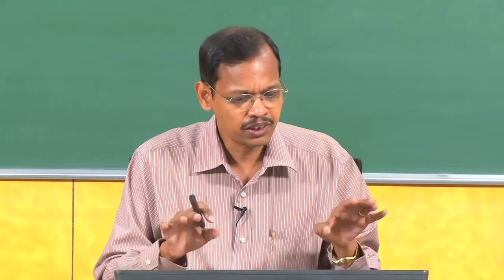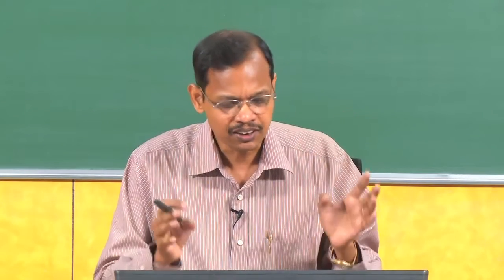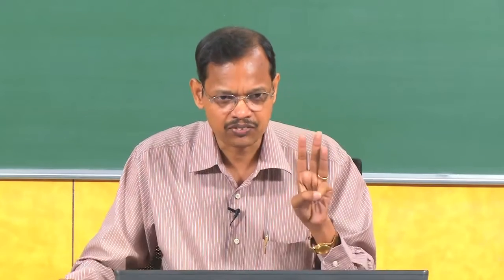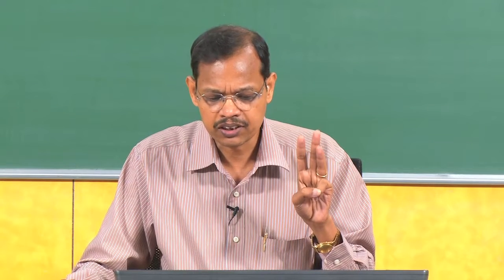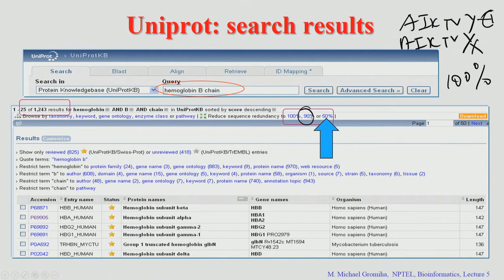So it is important to have non-redundant data. Here you can get two different cutoffs, for example 100%, 90% and 50%. If you want other redundancies, we have to use other programs available in the literature.